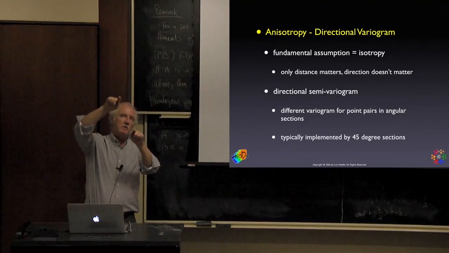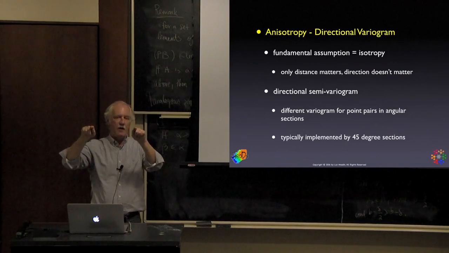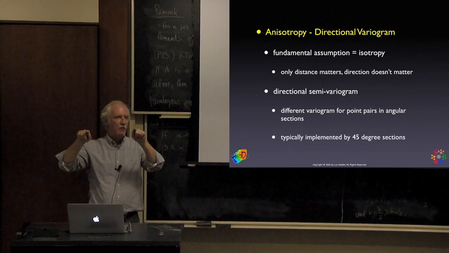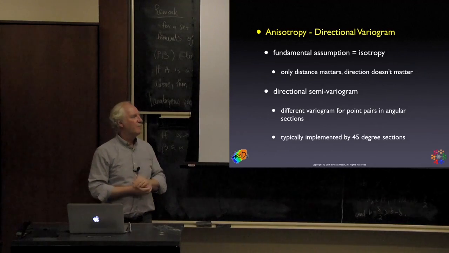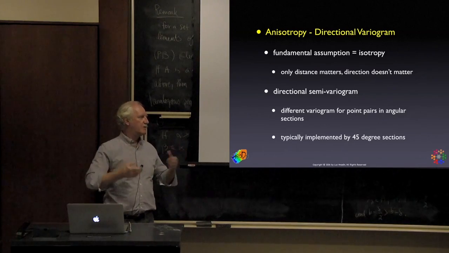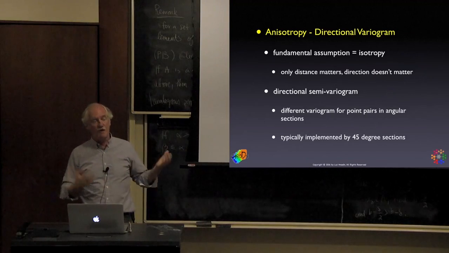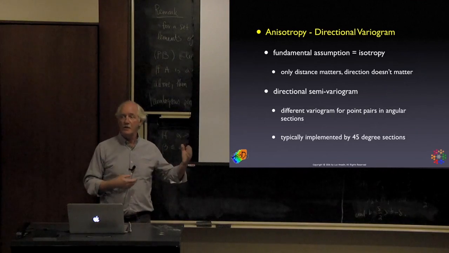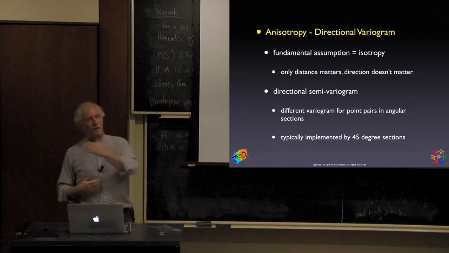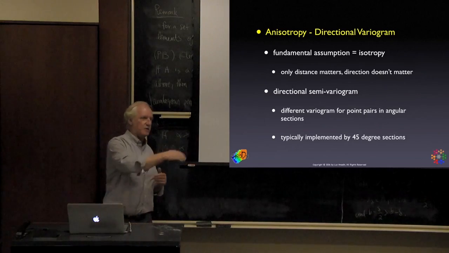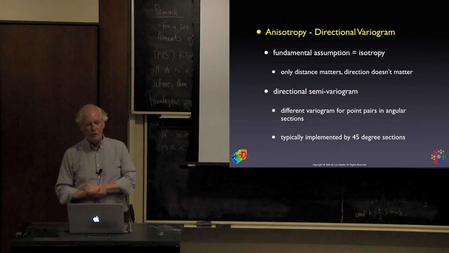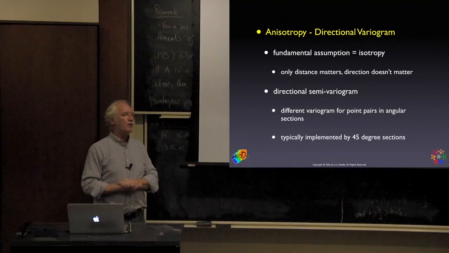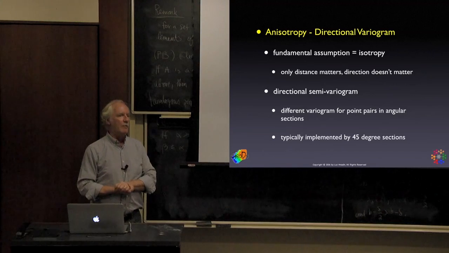Are they like 45 degree, or are they 0 degree horizontal in a 2D map, or are they one above the other? If there's wind direction effects, that's going to matter. If the predominant prevailing wind is from the west, then the effects in the western direction will be different from the effects in the eastern direction. So how we do this is by means of a so-called directional variogram.